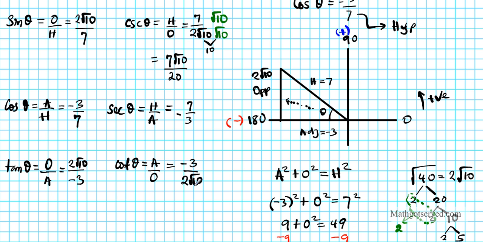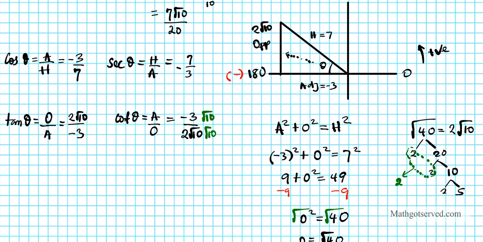We cannot have a radical in the denominator, so we rationalize with root 10 top and bottom. That gives -3 root 10 over root 10 times root 10, which is 10, as mentioned earlier. 2 times 10 is 20. So there goes your cotangent.